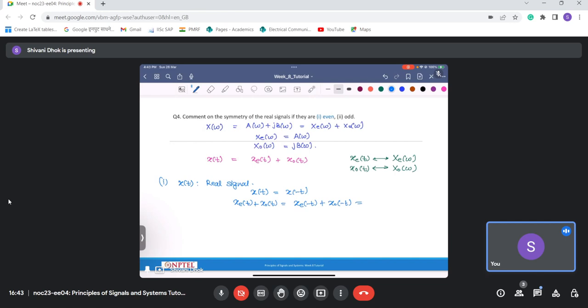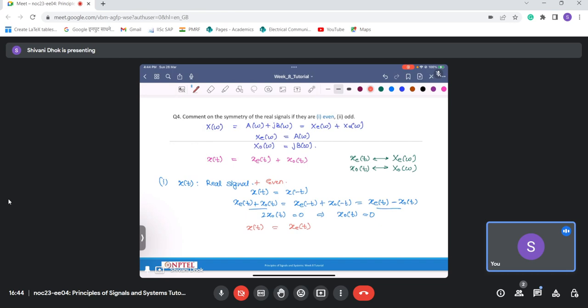This right hand side I can simplify as xe of t, since xe of t is the even part, minus x odd of t. So if I compare these two terms, xe of t and xe of t get cancelled. It simply means that 2 x odd of t is equal to 0, which means that x odd of t is equal to 0. Now what does it mean? This means that x(t) has only the even component xe of t, which is obvious because x(t) is a real and even signal.